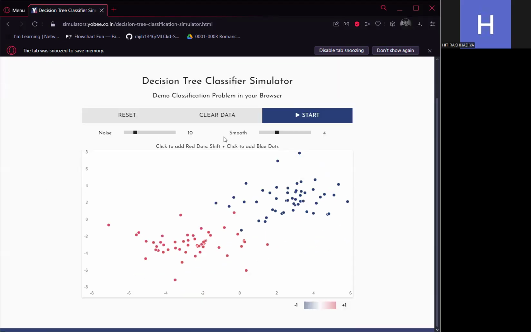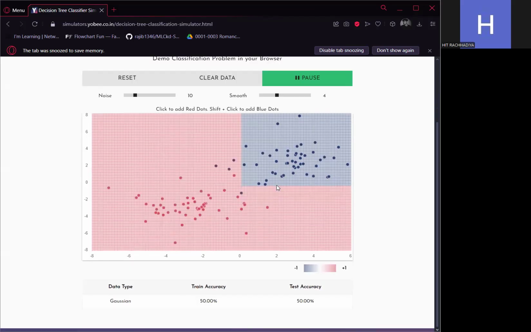Now we can see in the simulation there is one extra parameter, which is smooth. Smooth controls the thickness of the split and the smoothing transition between splits, preventing overly sharp boundaries. Okay, now let's start the simulation and see the output.